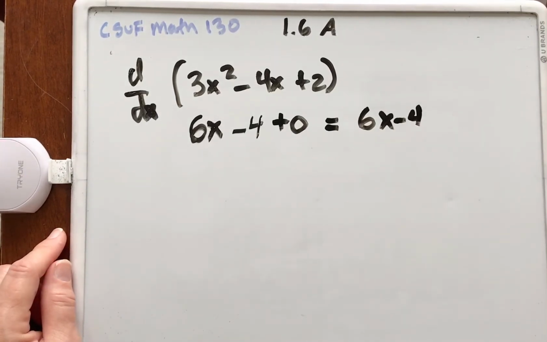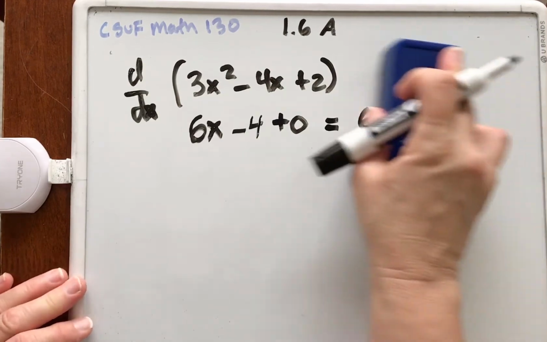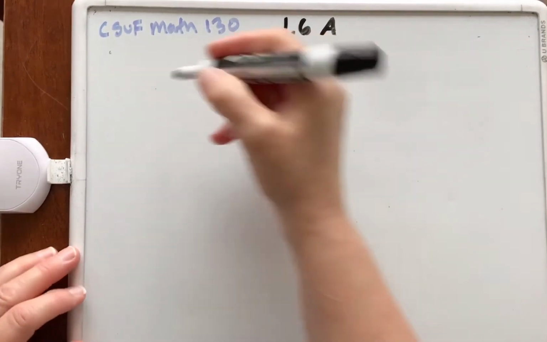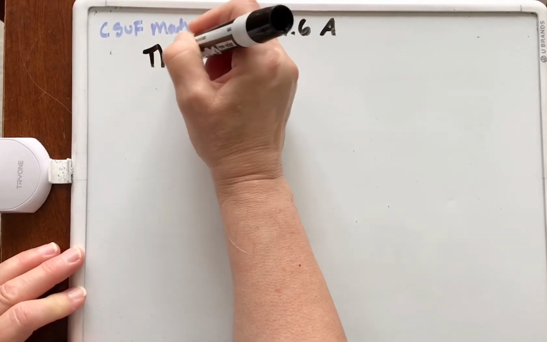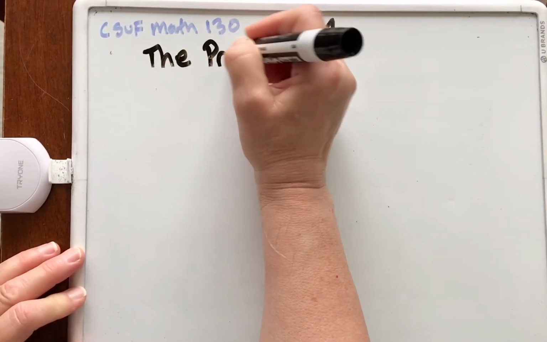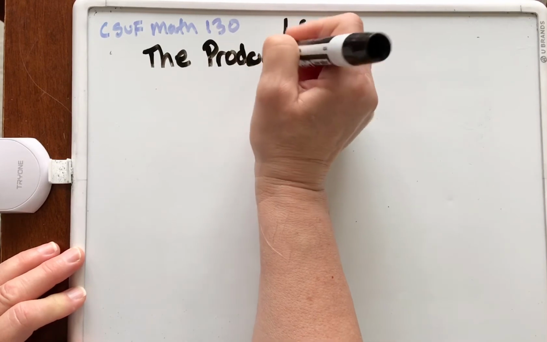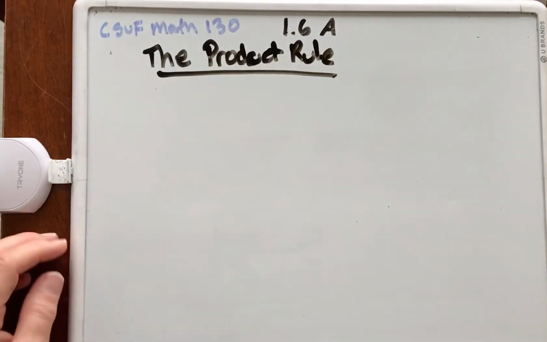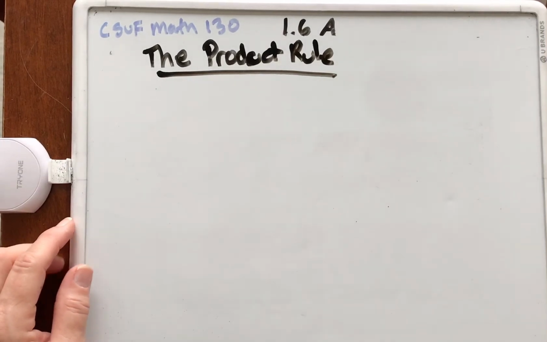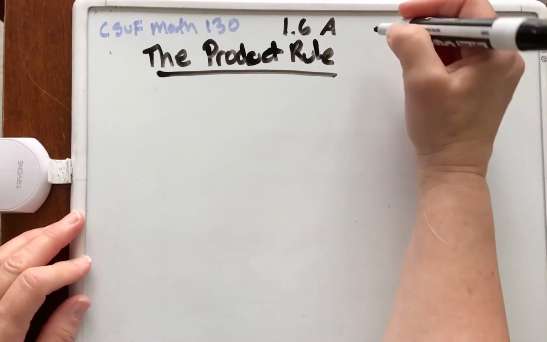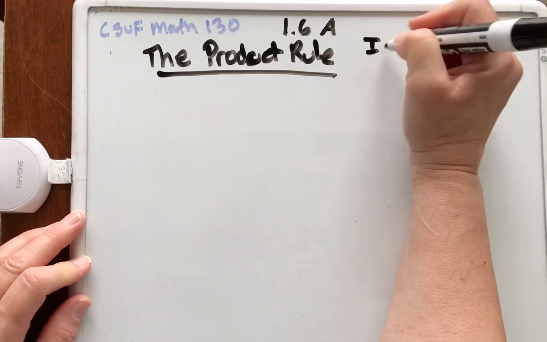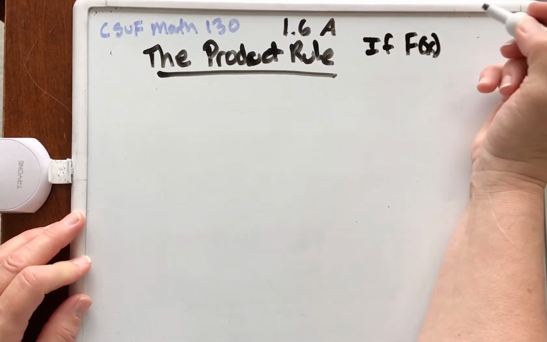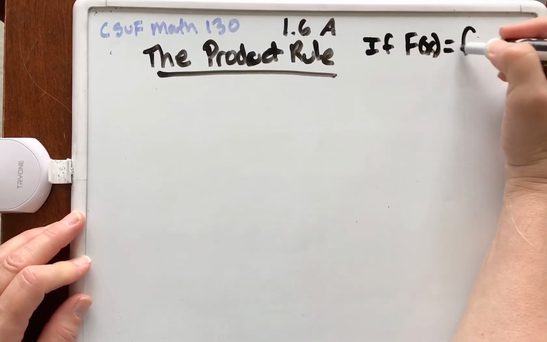Okay, so what we're going to learn today are 2 different rules for taking derivatives. The first one's called the product rule, and we will use this a lot. Here's pretty much what it is.